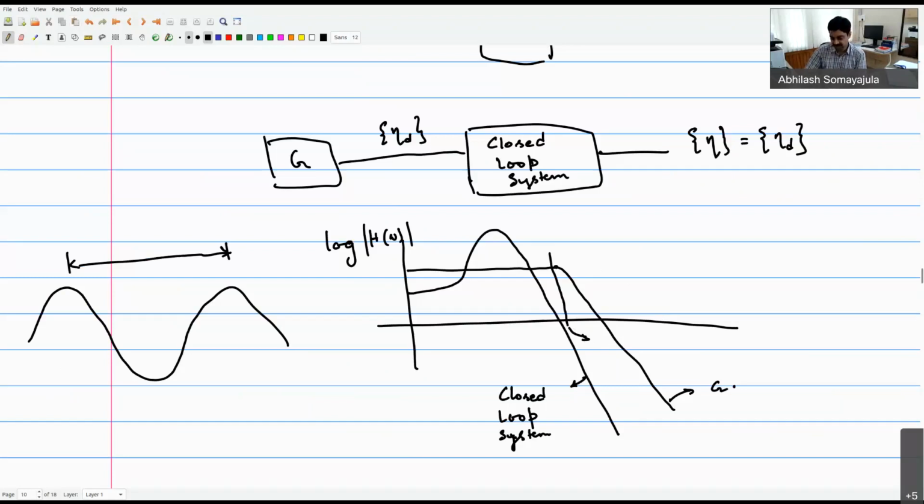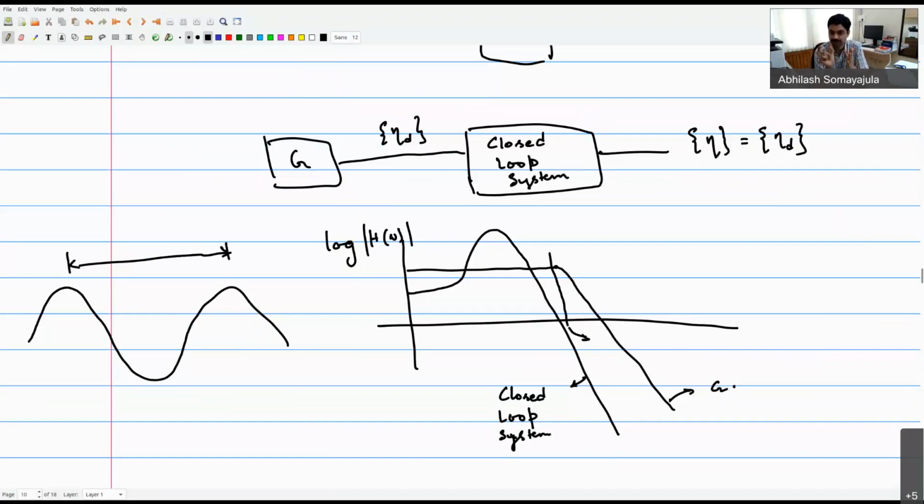Is that a trajectory which my craft can follow? No, sir. Your craft cannot follow it because the craft's bandwidth is less than the guidance system's bandwidth. Yes. Is that making sense? The craft's bandwidth is less than the guidance system's bandwidth.